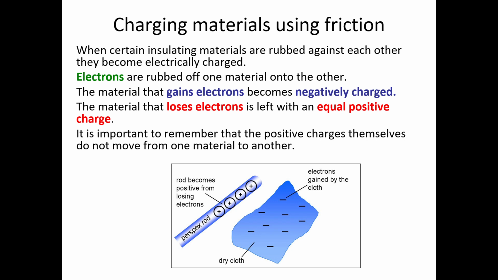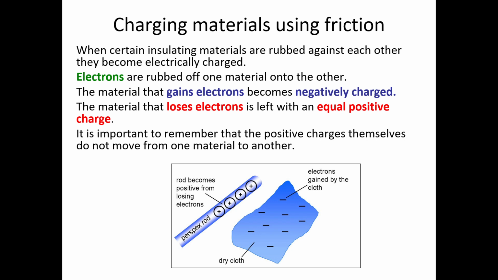If two materials were neutral beforehand, the material that gains electrons through this friction or rubbing would become negatively charged overall, because it had an equal number of positive and negative charges before, and through the friction it has gained some electrons.